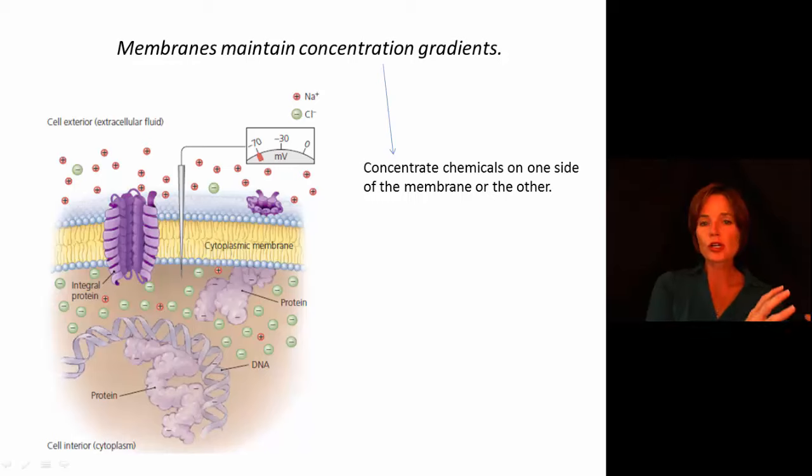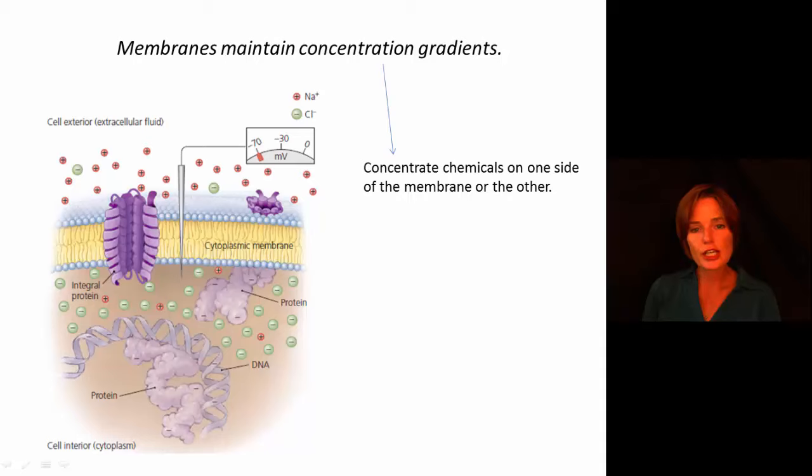So they're keeping a certain concentration over here versus on the other side. In this picture right here, we have two different types of ions. We have some little orange ones that have a positive charge on them, and then you have some little green ones there that have a negative charge on them. And notice that what you have on the bottom versus what you have on the outside is a different concentration.